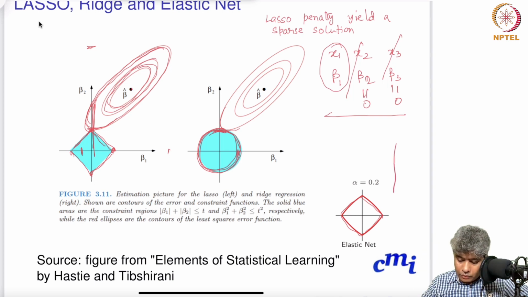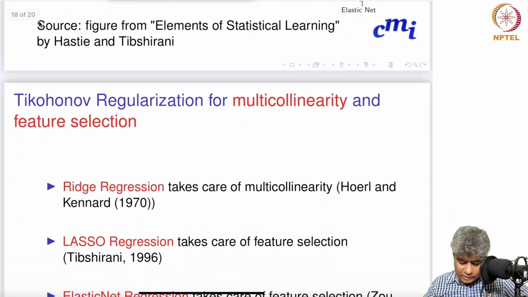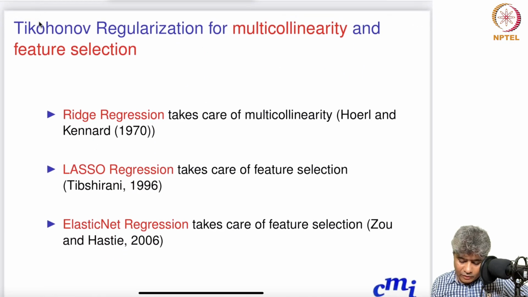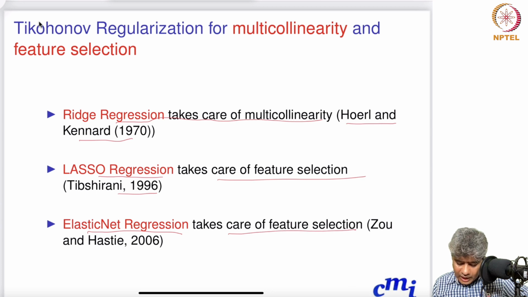Okay, so with this I have kind of summarized here. Ridge regression takes care of the multicollinearity. The paper was developed by Hoerl and Kennard in 1970. Then in 1996, LASSO regression, which takes care of the feature selection, and elastic net regression takes care of both feature selection and multicollinearity.